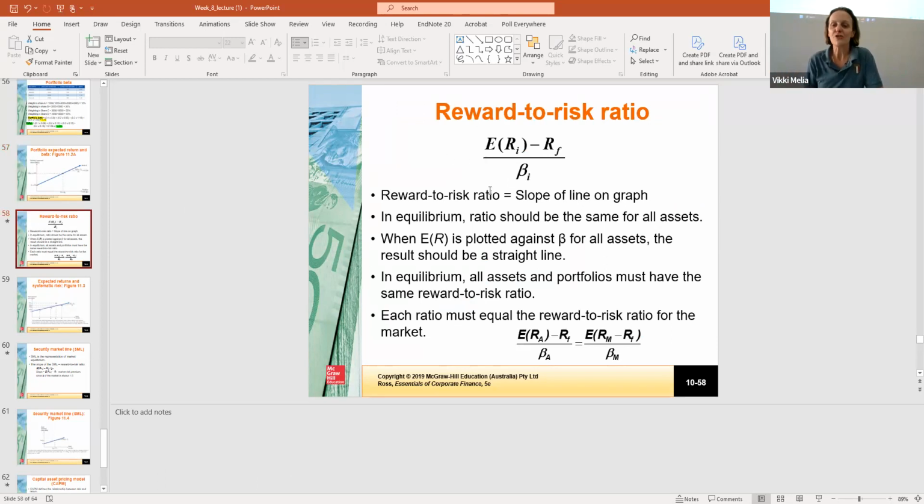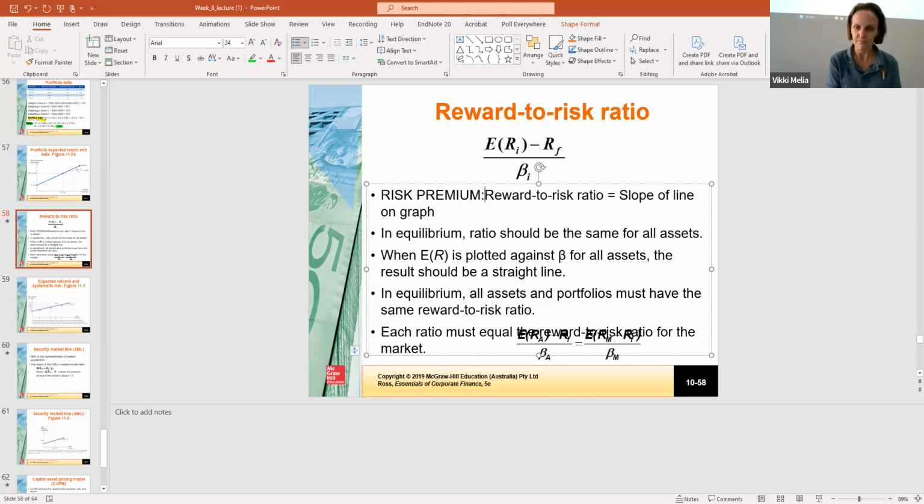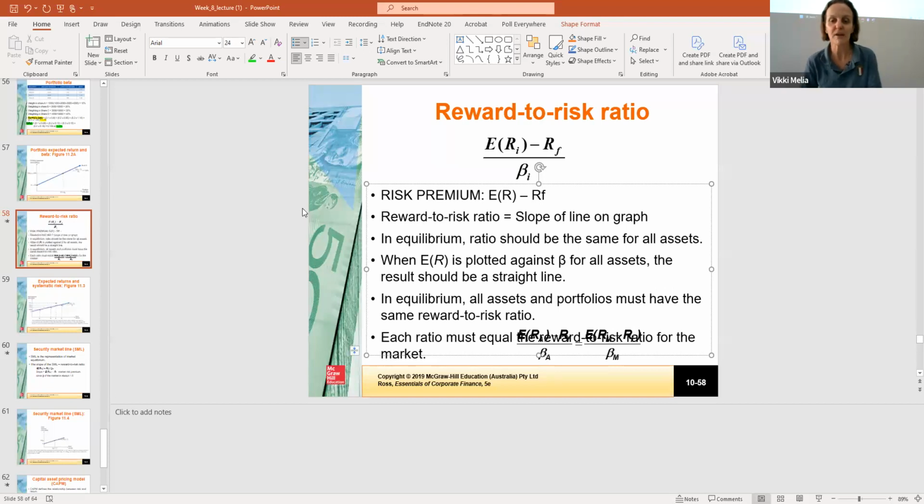So we have this ratio called the reward to risk ratio. On the top of this equation is what we call the risk premium. The risk premium is the expected return on the asset minus the risk-free rate. As beta goes up, so does that risk premium.